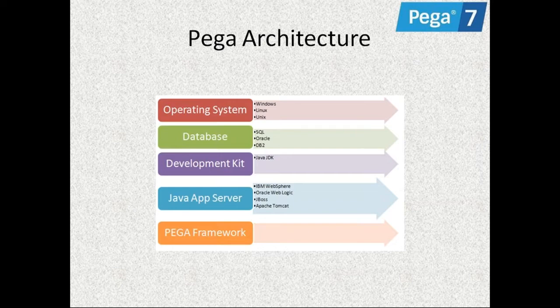Along with that, it will install Java in the backend. Java is a built-in package along with the database and server, so Java software also installs automatically as part of the package. So based on the OS, it will install the database, the application server, and Java in the backend.